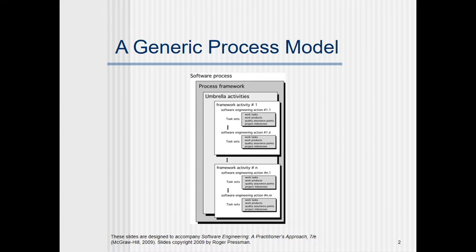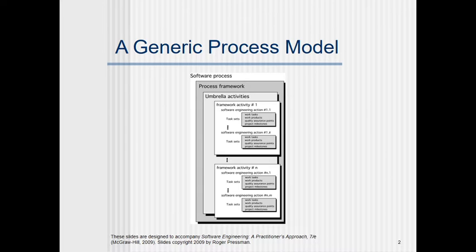So now we discuss a generic process model. What is a process? A process, or a software process, is a framework for the activities, actions, and tasks that are required to build high quality software.